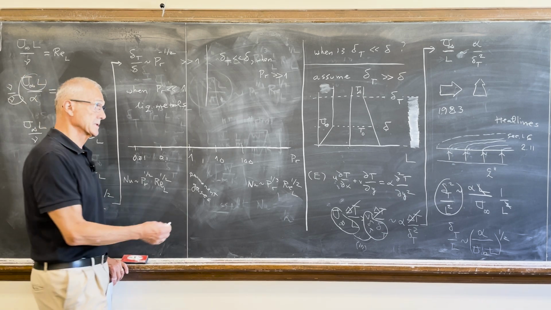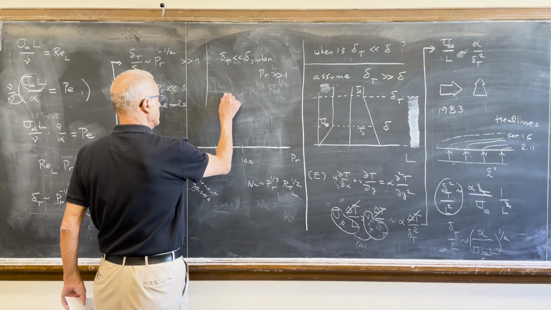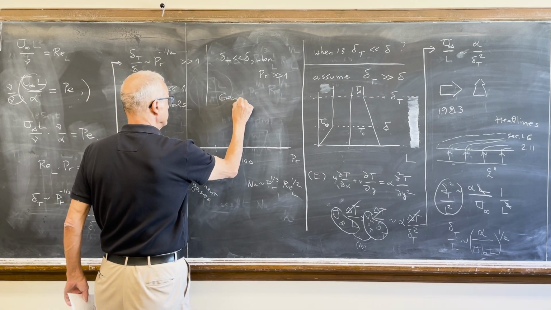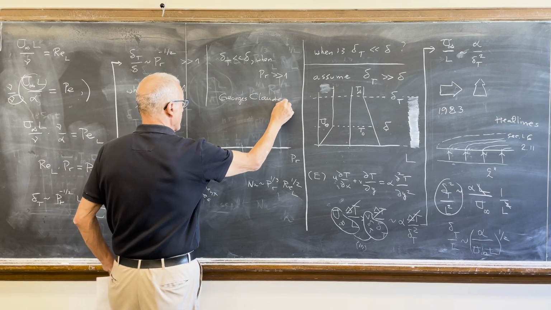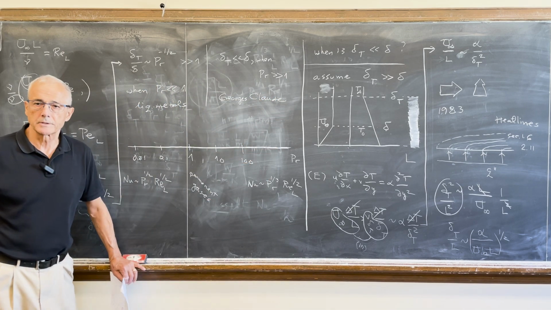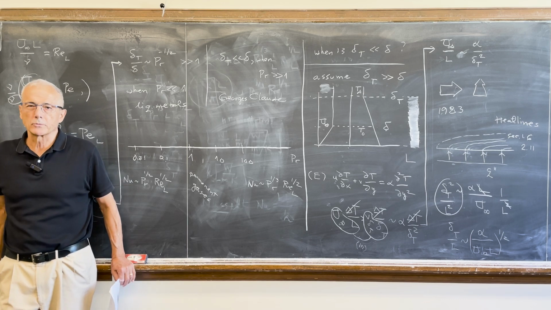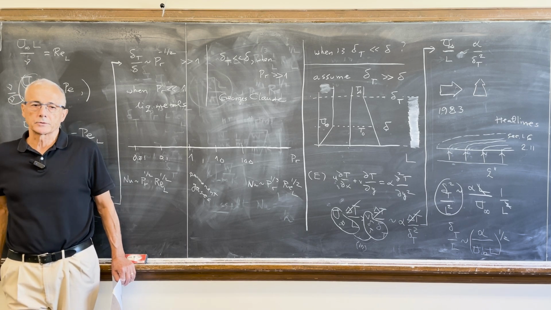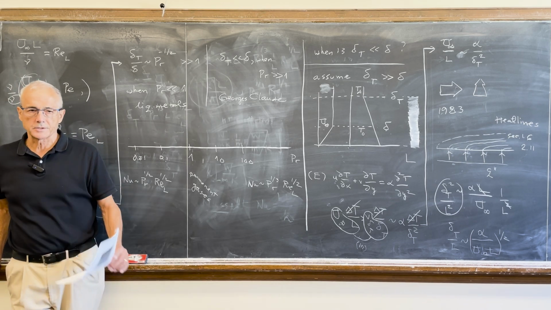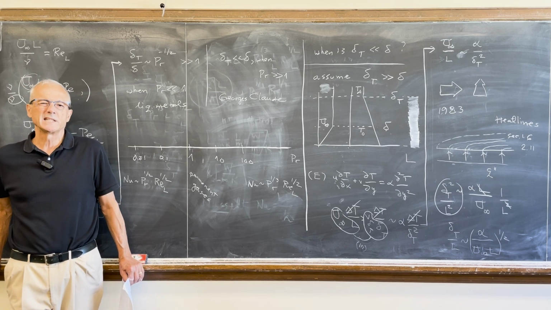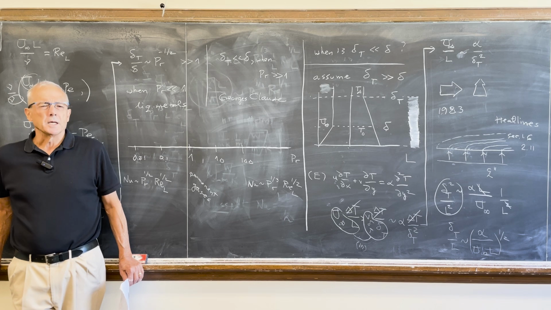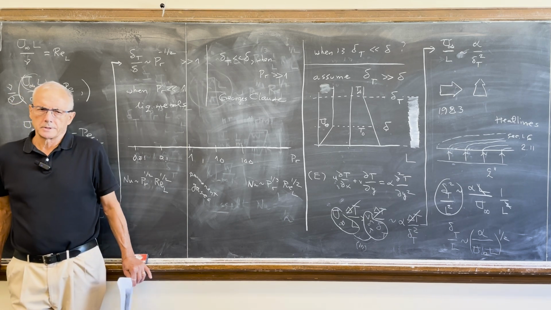His name was, still is, Georges Claude. He liquefied industrially air, liquid air, and separated that into all these fractions: oxygen, nitrogen, argon, all the way to neon, all the way to helium.